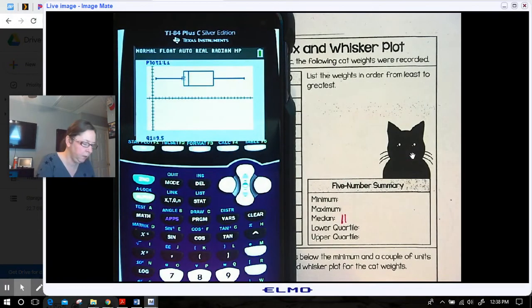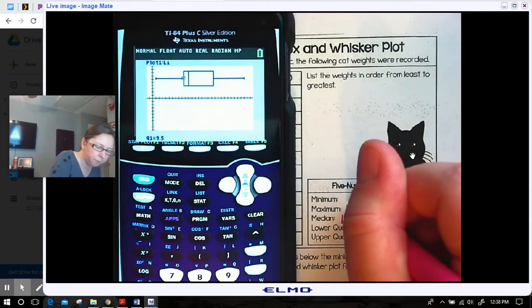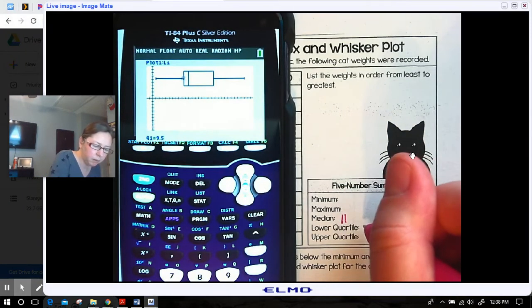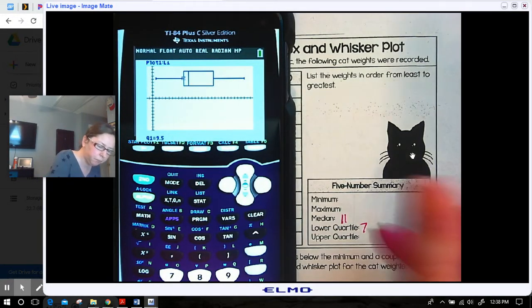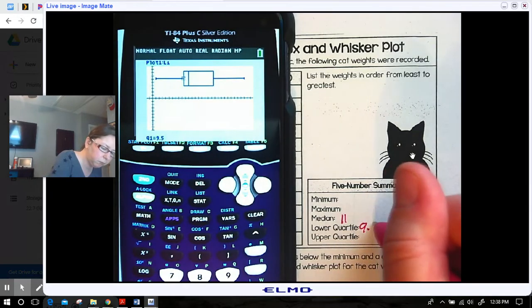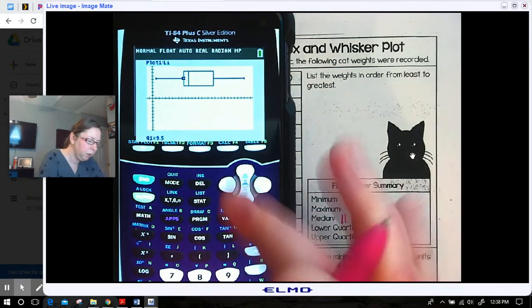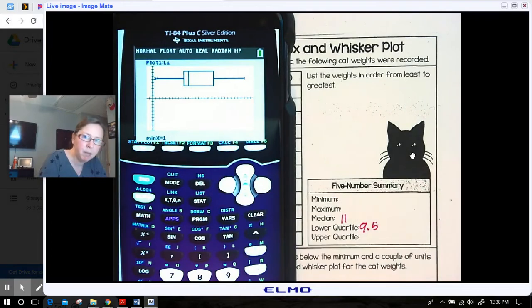My quartile number 1 is 7. That's also my lower quartile. Okay. I'm sorry, it's not 7. What is it? 9.5. Okay. Go down again. My minimum value is 1.